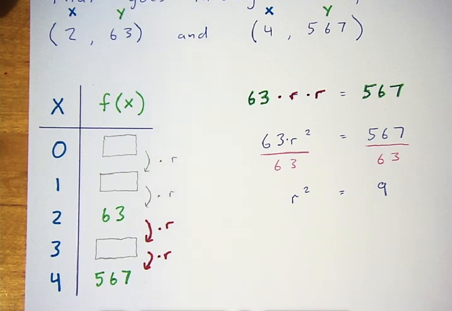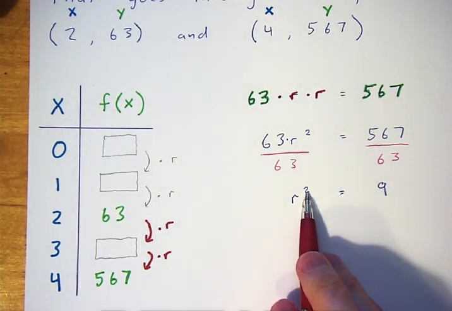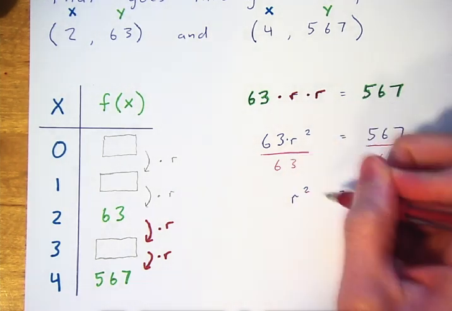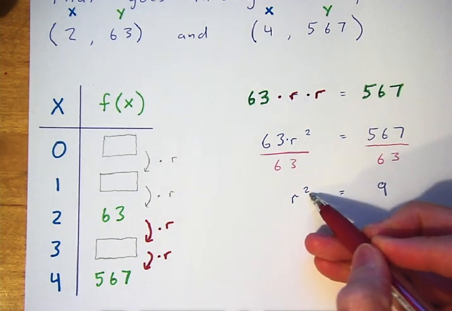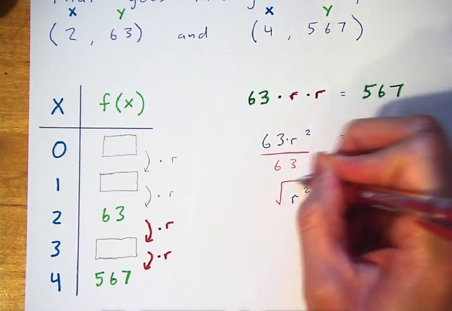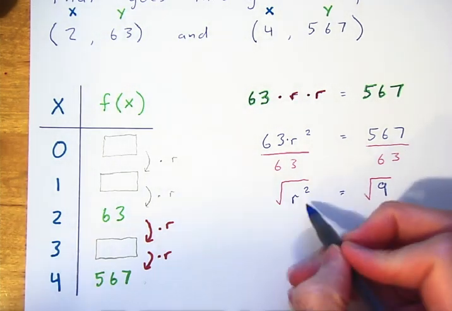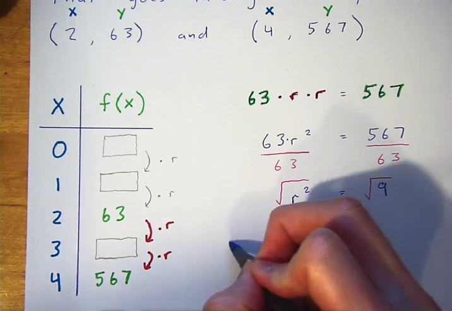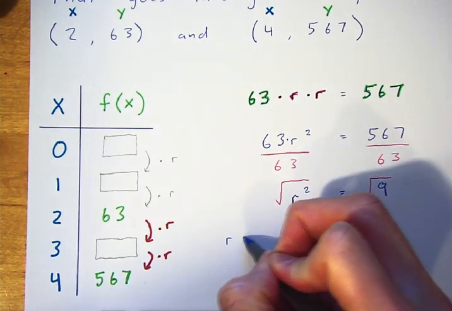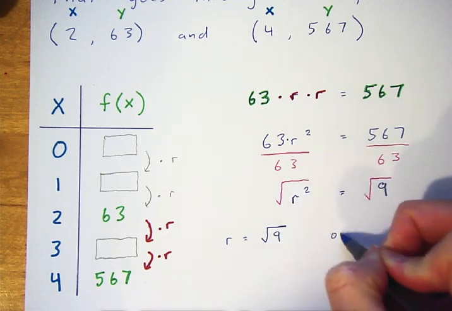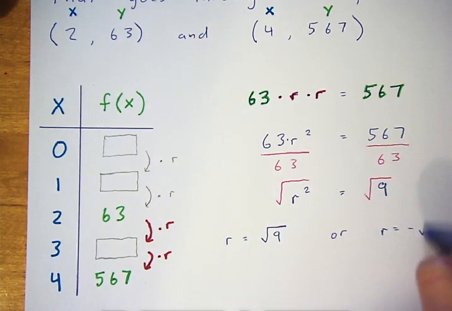All right, so now I need to get rid of this squared. The inverse or opposite of squared is square root. So if I square root both these sides, this has two solutions: r equals square root of 9, or r equals negative square root of 9.